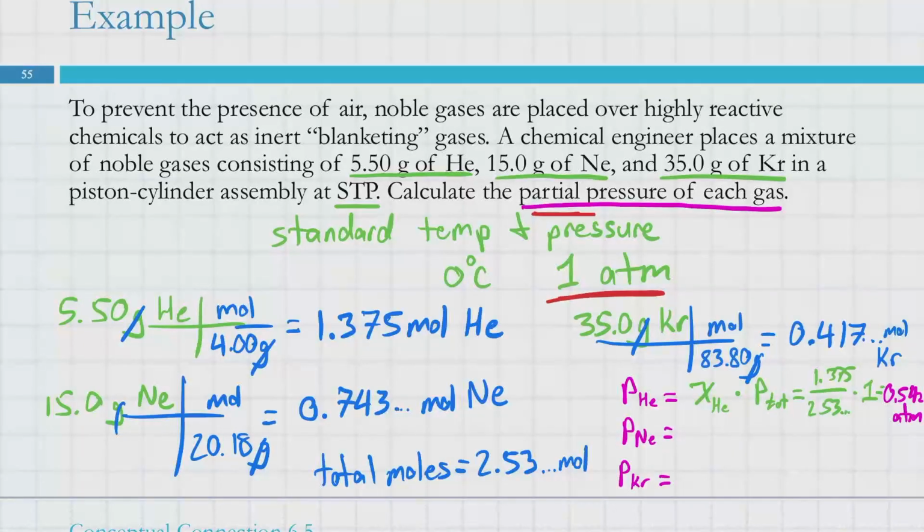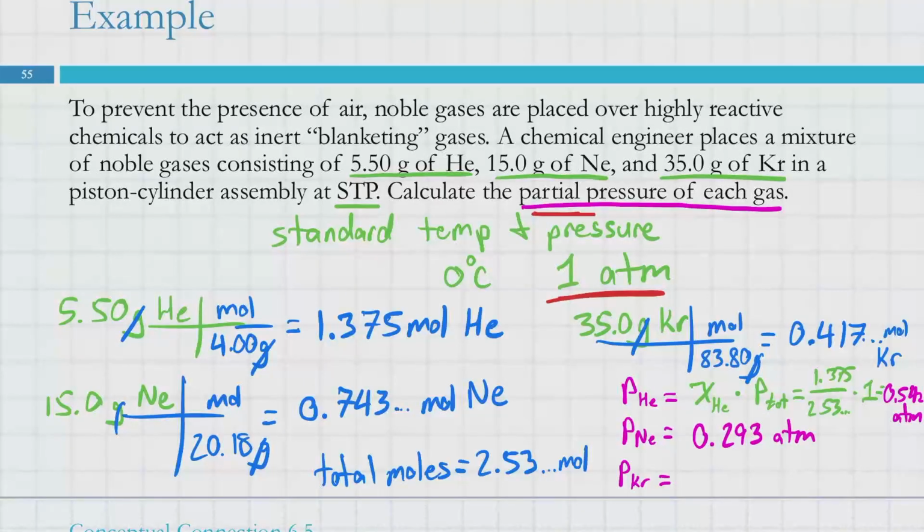Put the calculation in wrong. Okay. So for our neon, we're taking the 0.74 and change, dividing it by the 2.53 and multiplying it by the same total pressure of 1. So this one is 0.293 atmospheres.